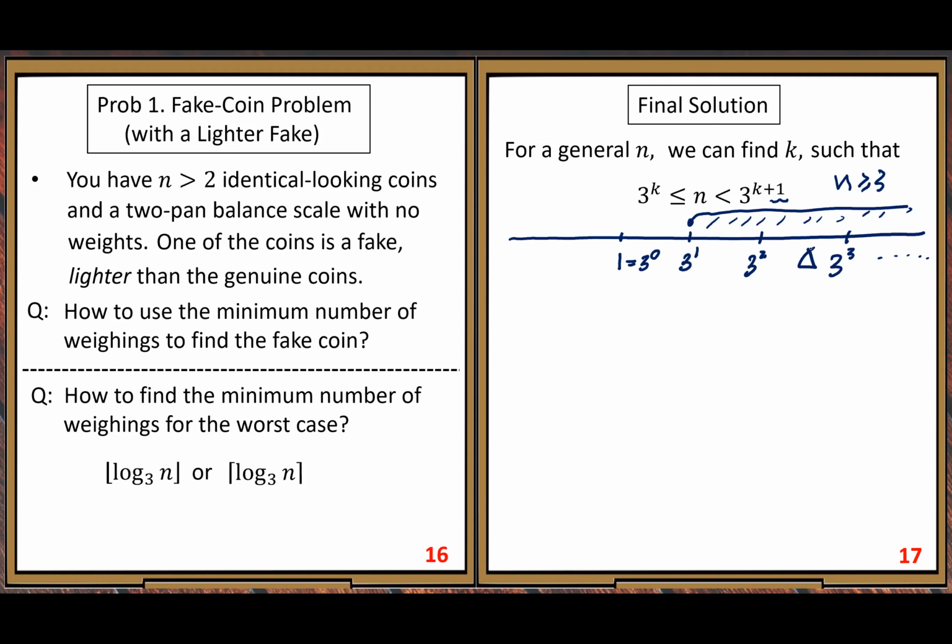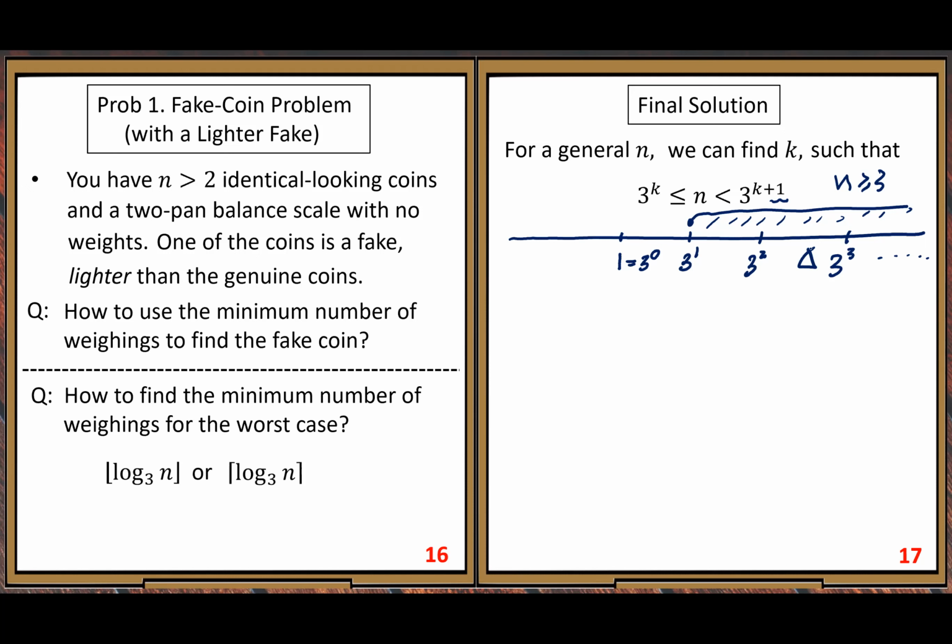From this diagram, anywhere, because we allow the equal sign. If I take that away, it may not work. Here I allow that equal sign in the inequality, so you can always find two adjacent powers of 3 whose interval contains that n.